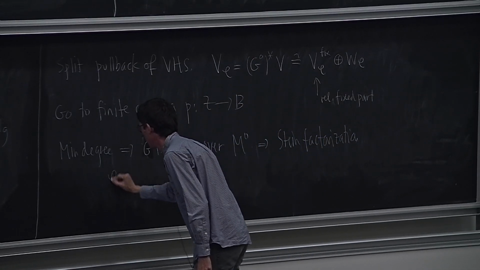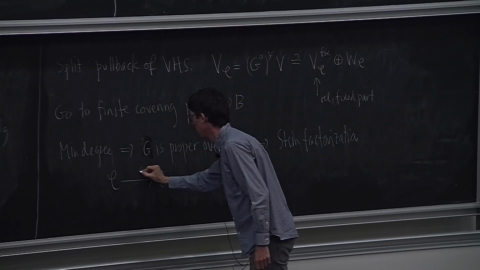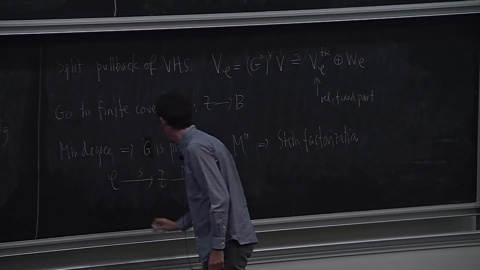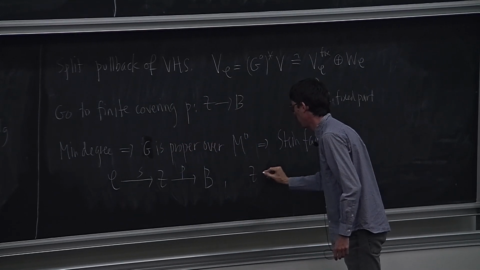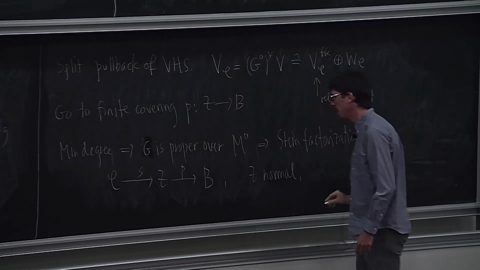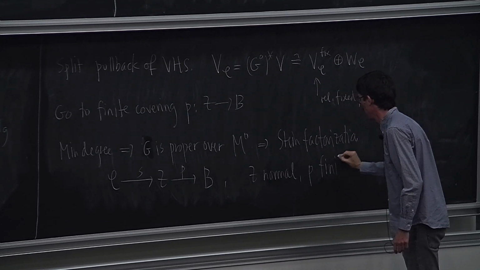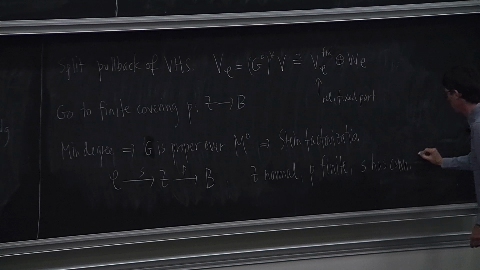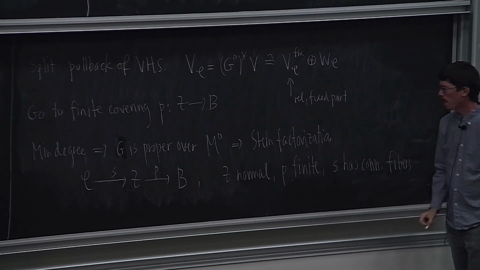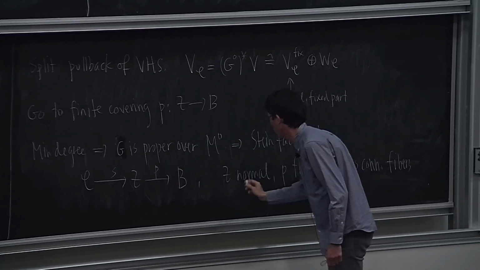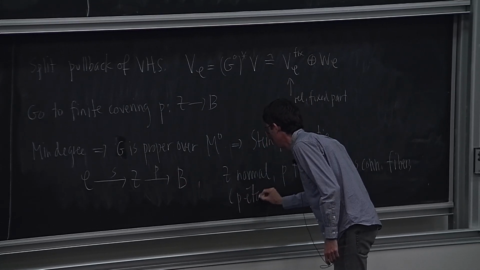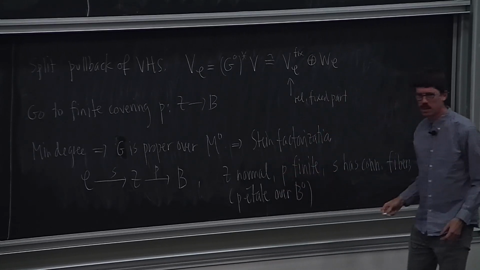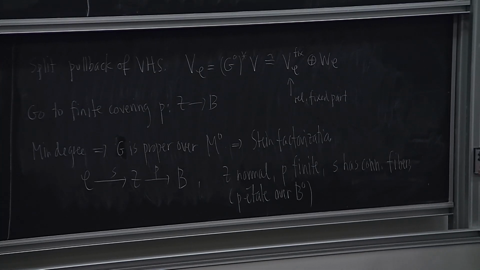What you end up getting is a map S to some Z with connected fibers, and then a finite map P to B, where Z is normal, P is finite, and S has connected fibers. And P is actually étale over B0. So it's the unique extension of that étale cover to a finite map.